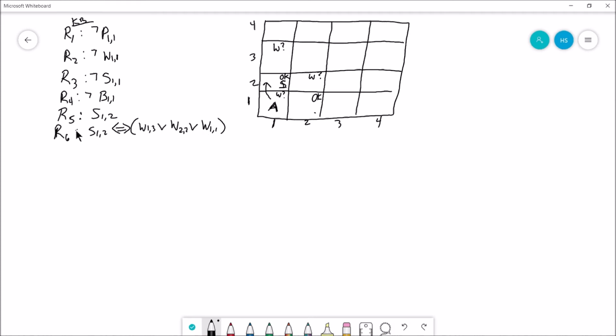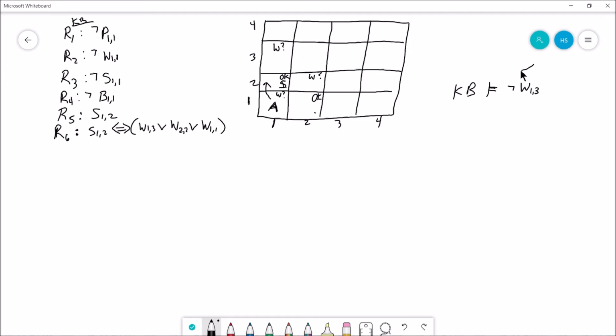Okay, so now I want to see if my knowledge base entails, let's say I want to determine if it's safe to move into square 1-3. Does my knowledge base entail that there is no Wumpus in 1-3, right?